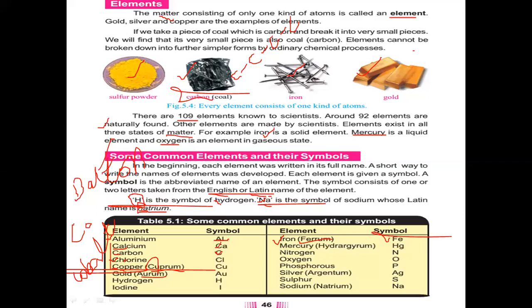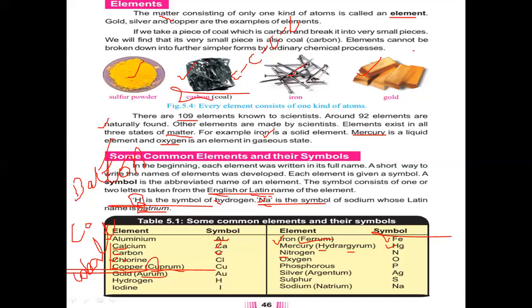If we see mercury, its Latin name is hydrargyrum. So Hg is taken from hydrargyrum, G from here and H from here. If it were just H, there is hydrogen also. That's why they have taken G from here, so it is suitable to write.